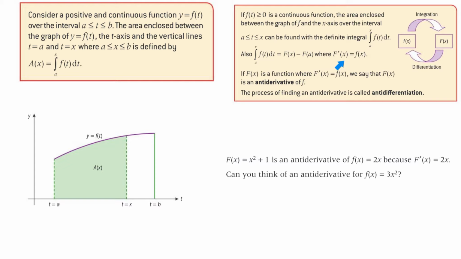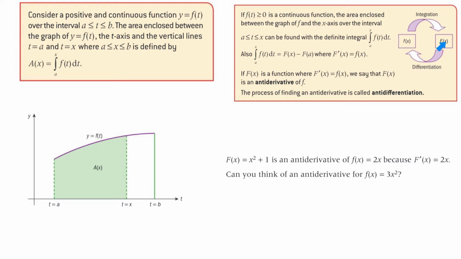The derivative equals 2x. So we've established the relationship between these two using this example. If this is x squared plus 1, the derivative of that is 2x, so we put a 2x in here. So we say that the derivative of this is that, and the antiderivative of this is that.